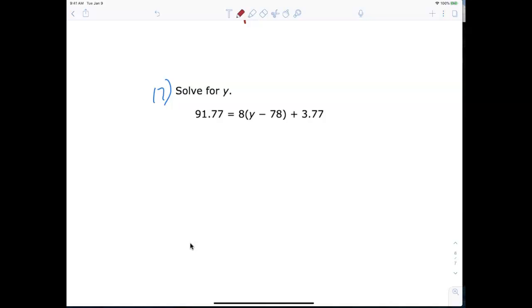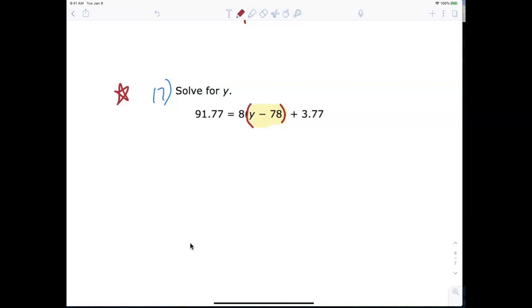Now, what I want is for everybody to pay attention here, because I'm actually going to try to teach you a little shortcut. The reason why I want to do that is because watch how much easier the problem gets. This quantity is being multiplied by 8, and then it's adding 3.77.